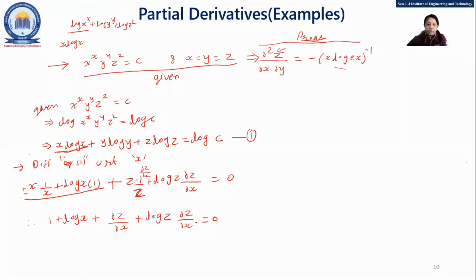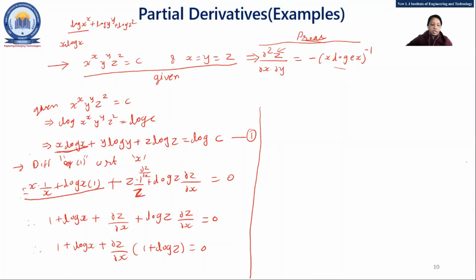Now here you can take common: 1 plus log x plus del z by del x into 1 plus log z equal to 0.